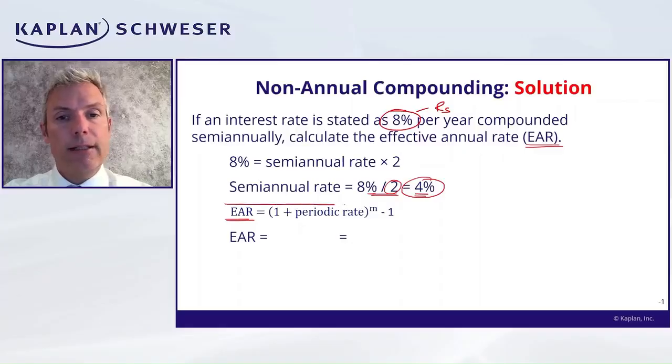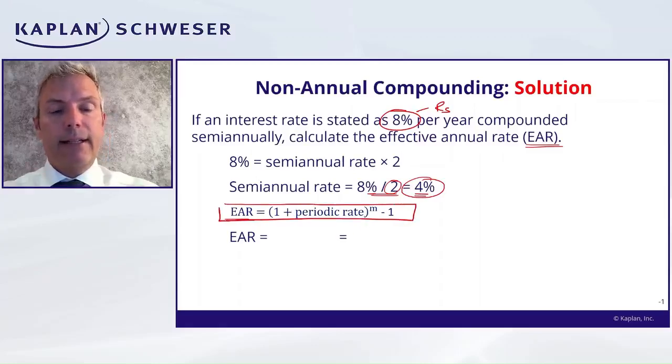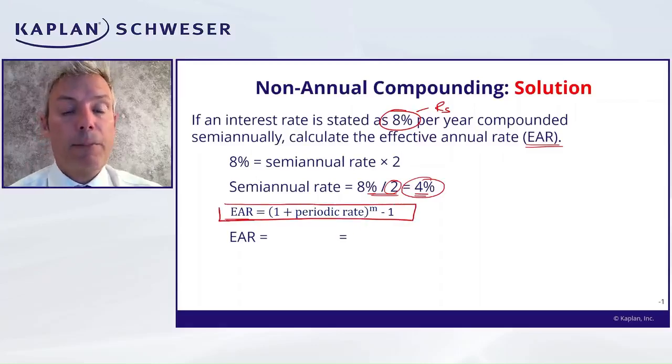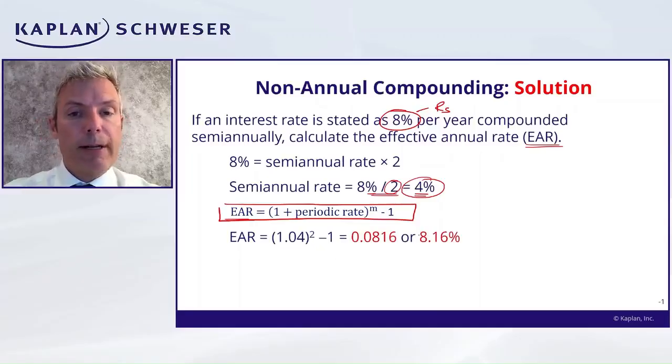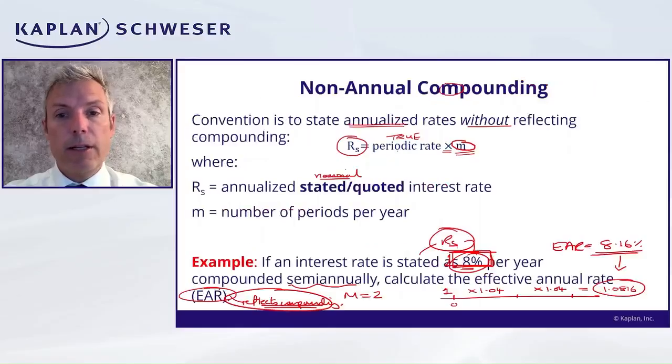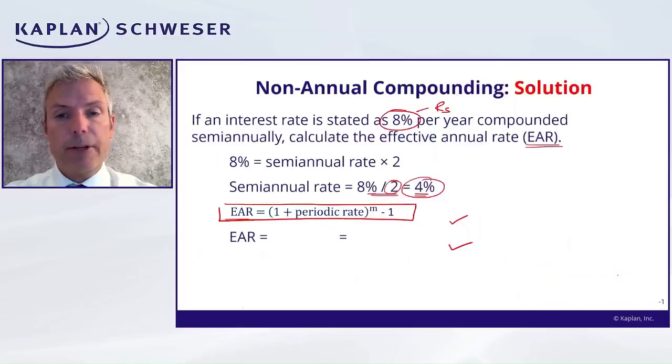This is the generalization here. Your EAR is 1 plus the periodic rate to the power of m minus 1, where the periodic rate is the quoted rate divided by m, the compounding frequency. So the EAR here would be 1.04 squared minus 1, and that gives us the same answer, of course, as we discussed when we drew the timeline on the previous slide.